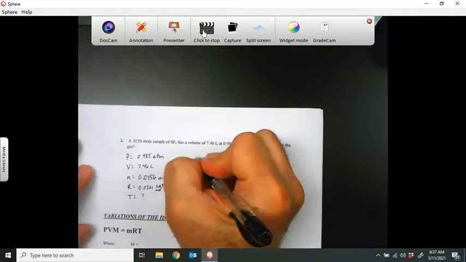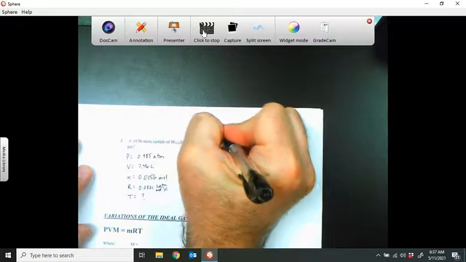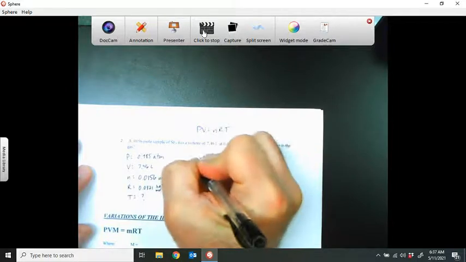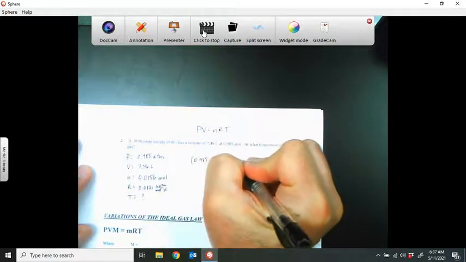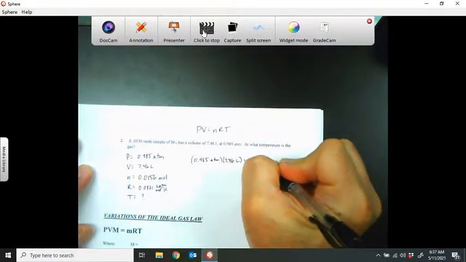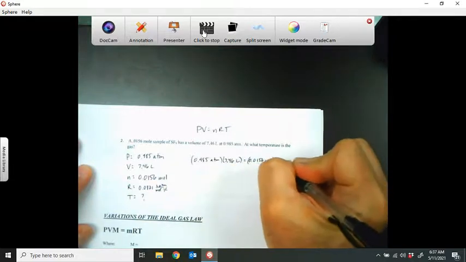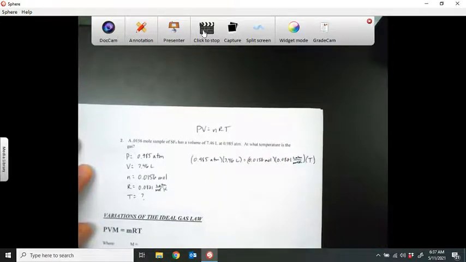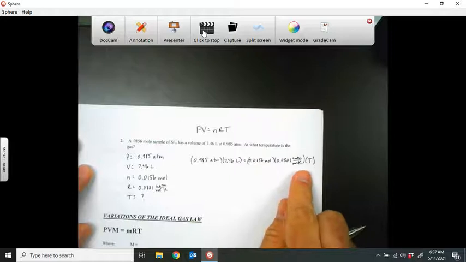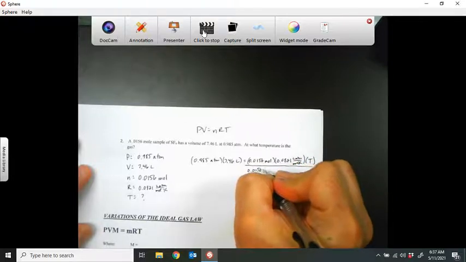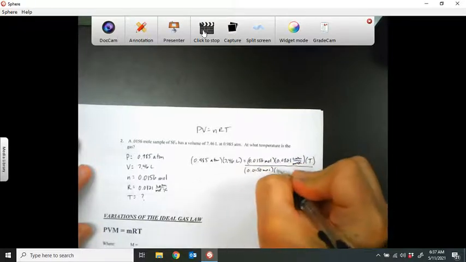So PV equals nRT. So pressure, 0.985 atmospheres, times our volume, 7.46 liters, is equal to N, which is moles, times our R value, times temperature. So in this case, we are solving for T. So again, to get T by itself, I'm going to divide by our number of moles and our R value.